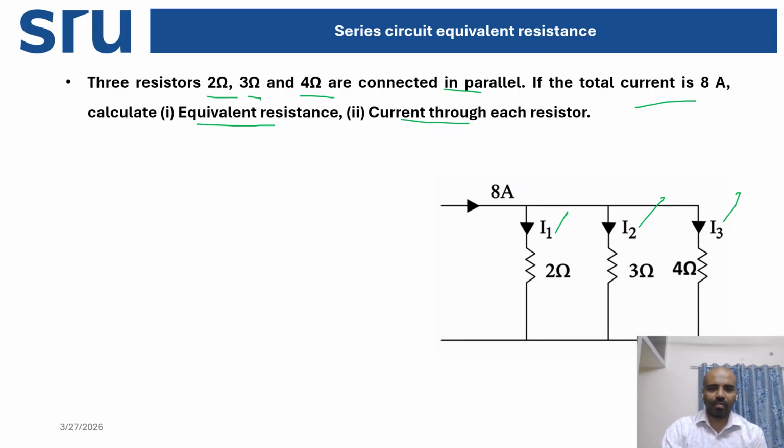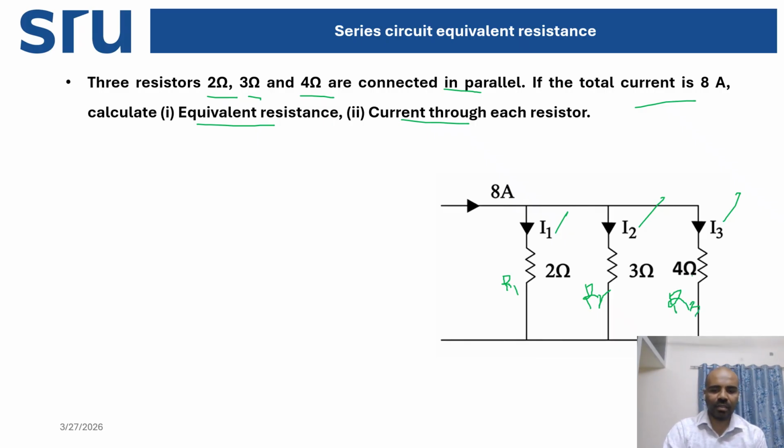So suppose these are R1, R2 and R3, then 1 by R equivalent is equal to 1 by R1 plus 1 by R2 plus 1 by R3.